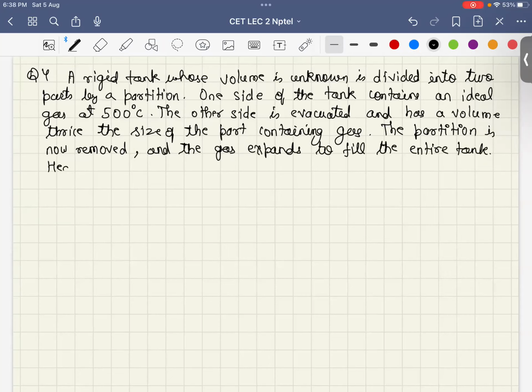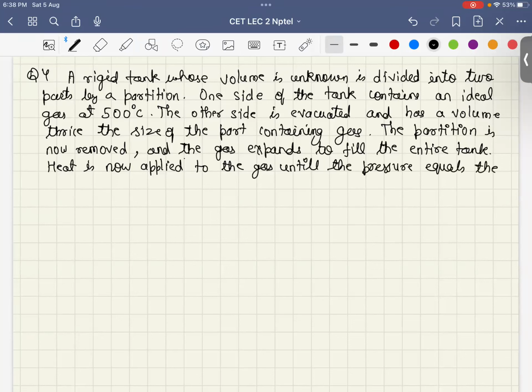Work is now applied to the gas until the pressure equals the initial pressure.